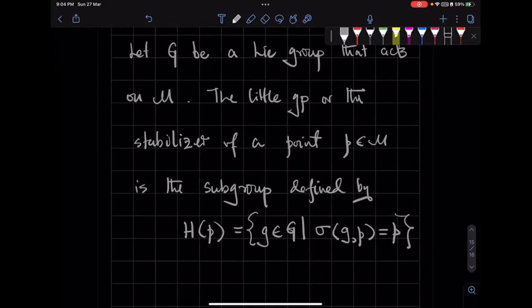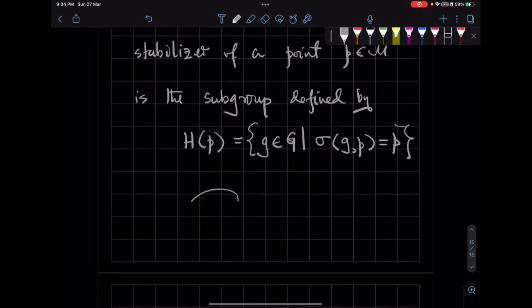Can someone tell me an example of a stabilizer group from one of the examples we discussed today? SO(3), Z of the two-sphere, the North Pole. SO(2), yes, exactly. If I take the two-sphere and take the North Pole, then of course what I've been calling SO(2) elements don't change the North Pole.